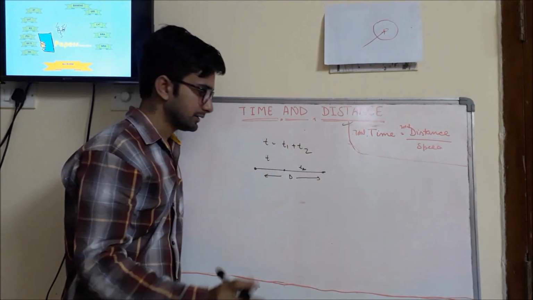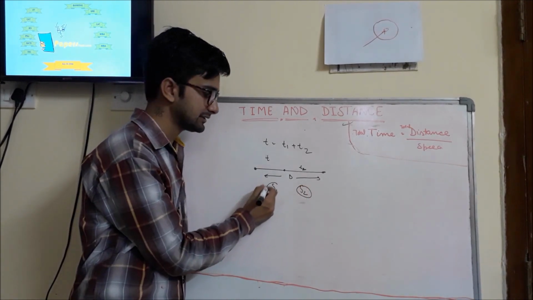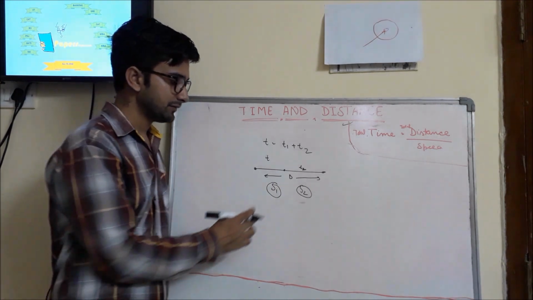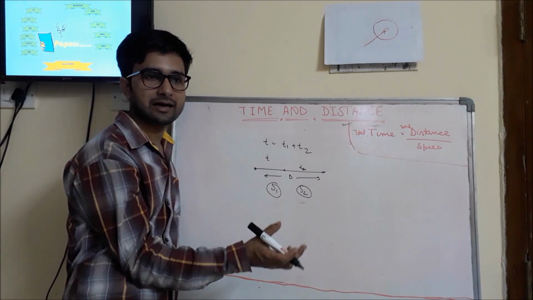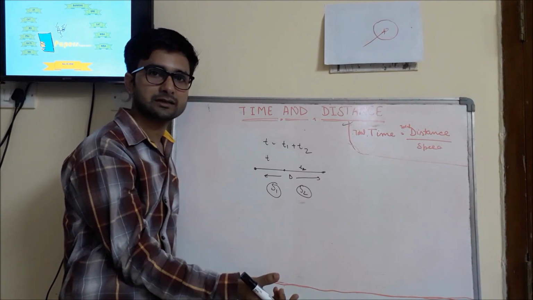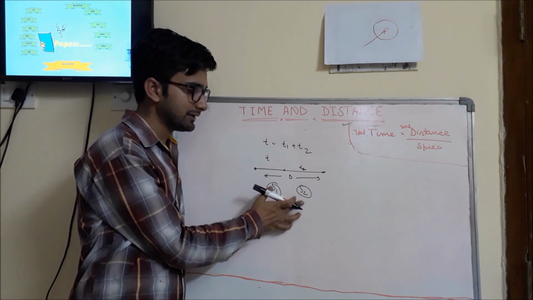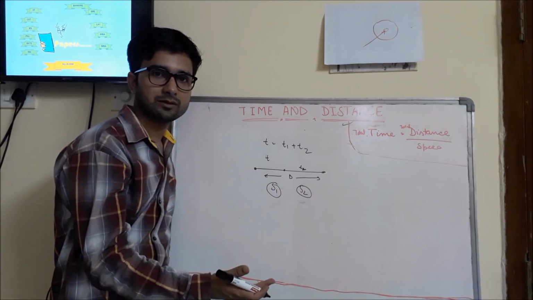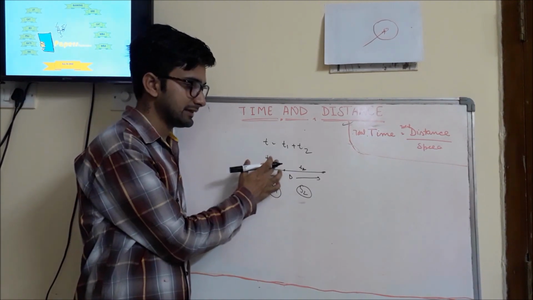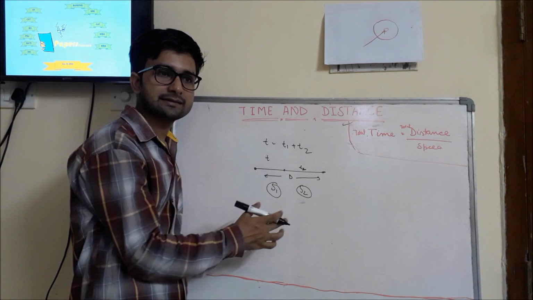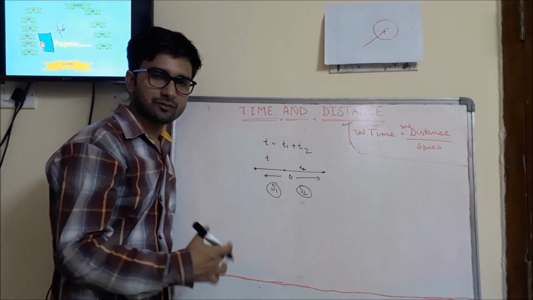But speeds s1 and s2, never take them as scalar, because if you sum up the speeds, it will give some different value. It will never give you the average value or the total speed. So whenever you are mathematically formulating the problem, start with the distance. Take distance and time as scalar values, and speed as a vector value.